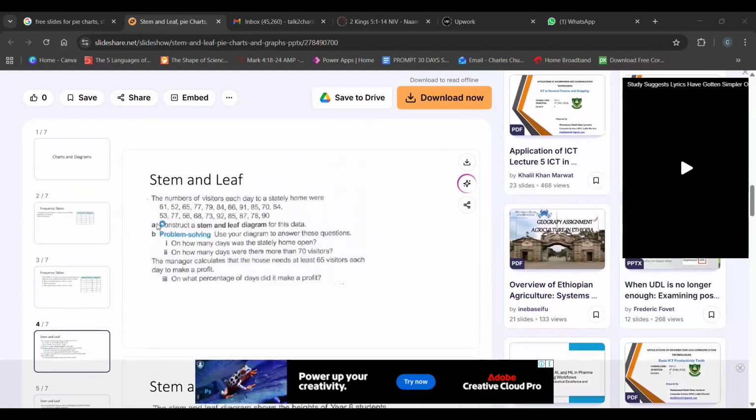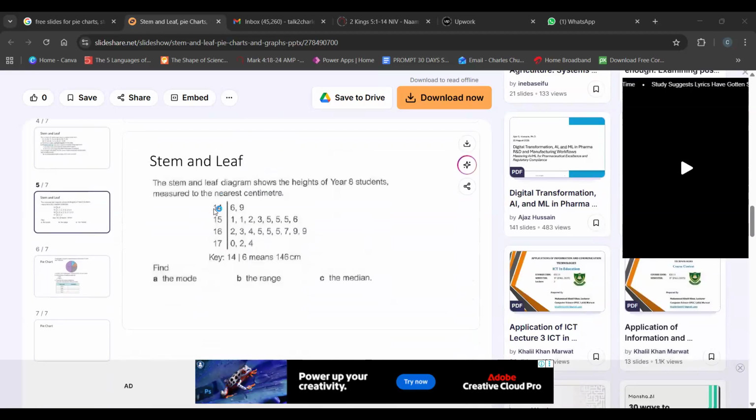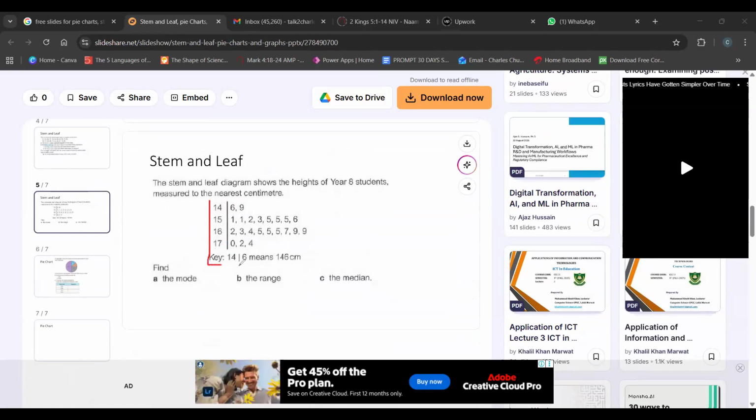Let's say we had this question, for instance. Let's examine a stem and leaf diagram so that we have an idea of what happens in it. If you look at this one, we're just looking for an easy way to represent our data in a straightforward manner.